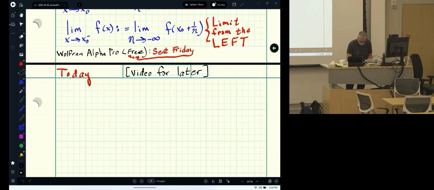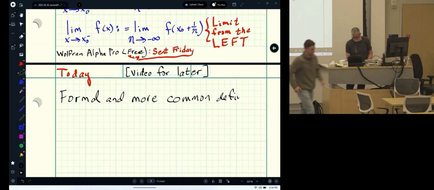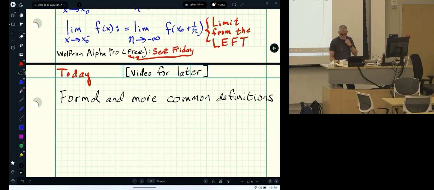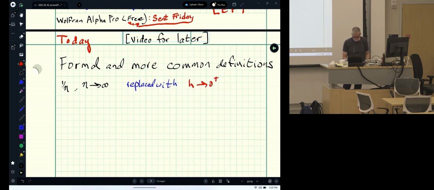So now we're going to work towards the formal and more common definitions. If 1 over eta, as eta goes to infinity, I said not 0, we're going to replace that with h goes to 0 plus, which means h greater than 0, h small.